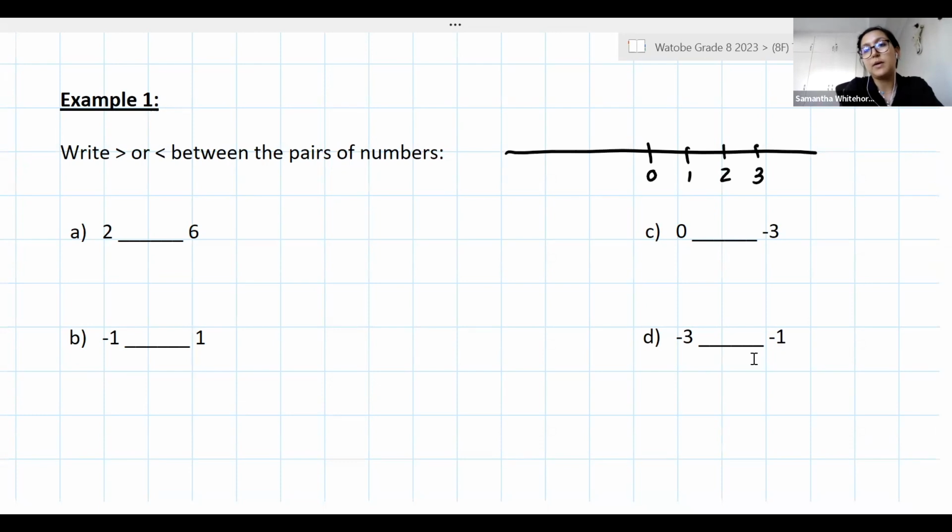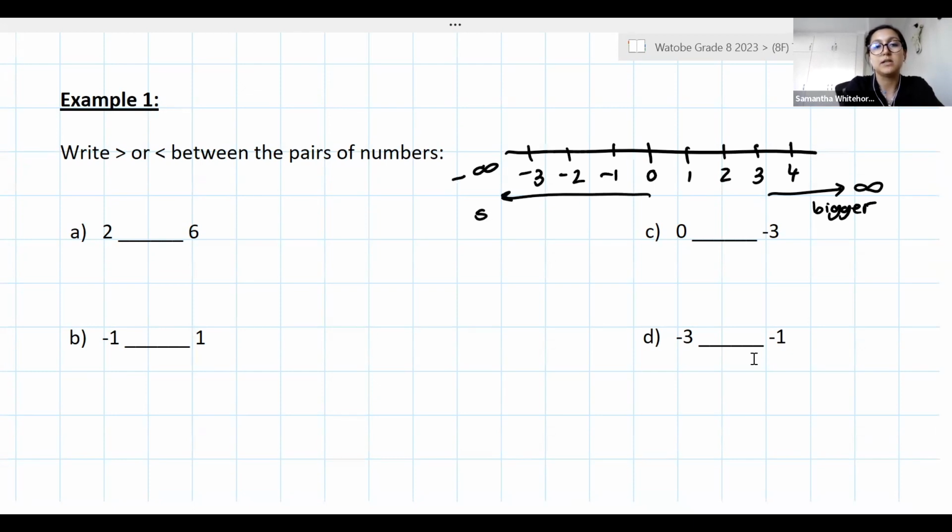As you move to the right, towards positive infinity, you're getting towards bigger and bigger numbers. If you are moving down the left of your number line, towards negative infinity, you're moving towards smaller and smaller numbers. So this is why a number line is always quite helpful, because we can see whether we're working with smaller values or bigger values.